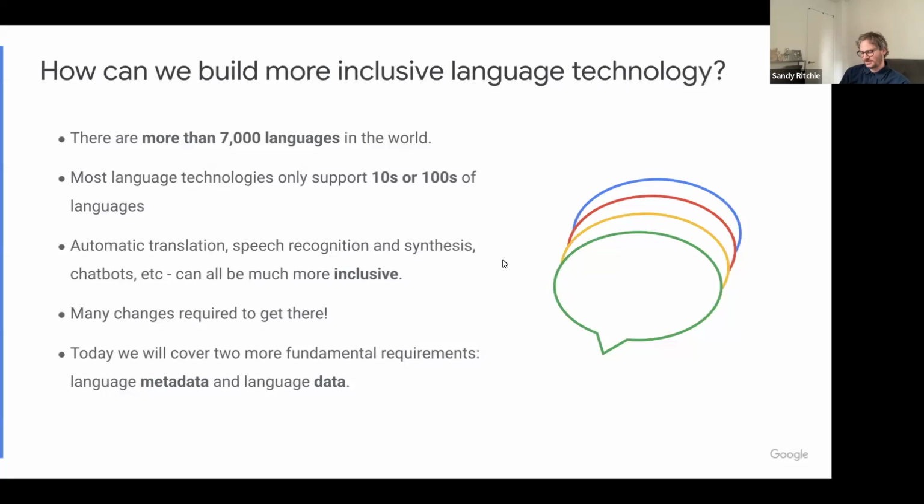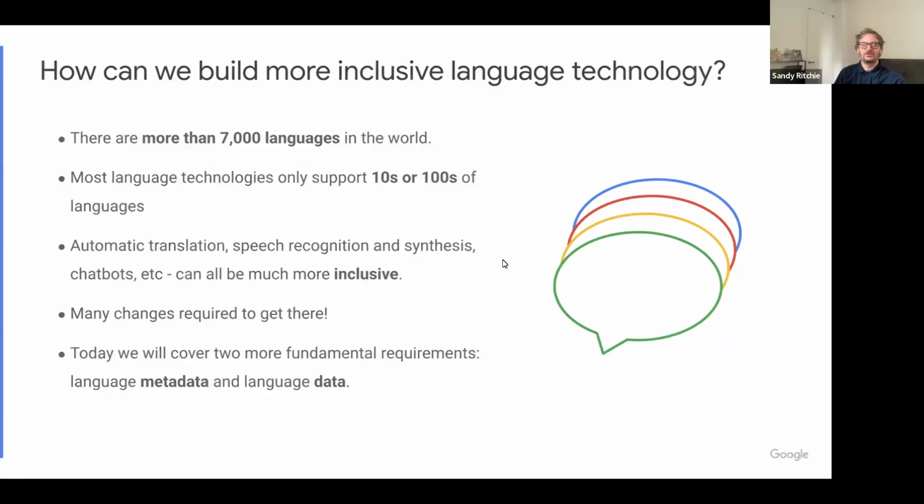I'm not sure if having every technology available for every language is really feasible, given that many languages are spoken by very few people, and many are also endangered and possibly not going to be around for a significant amount of time longer. But what we should be really doing is looking at how we can support, say, the 1,000 most widely spoken languages in the world.